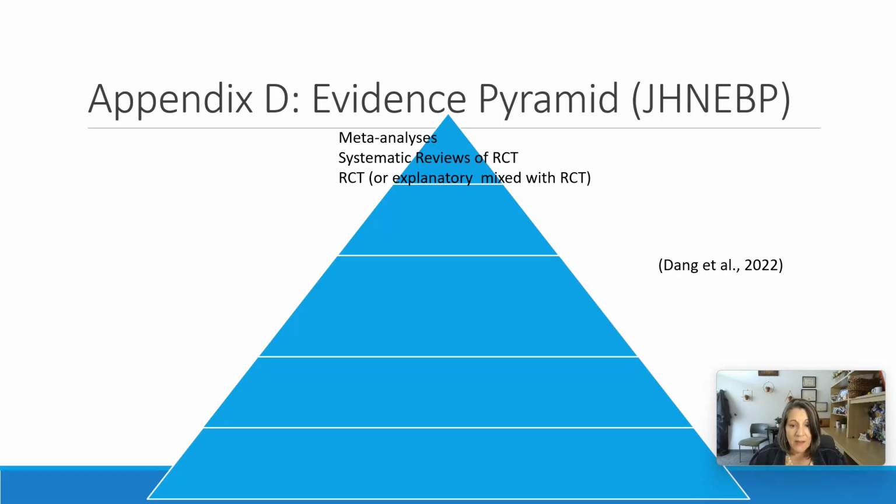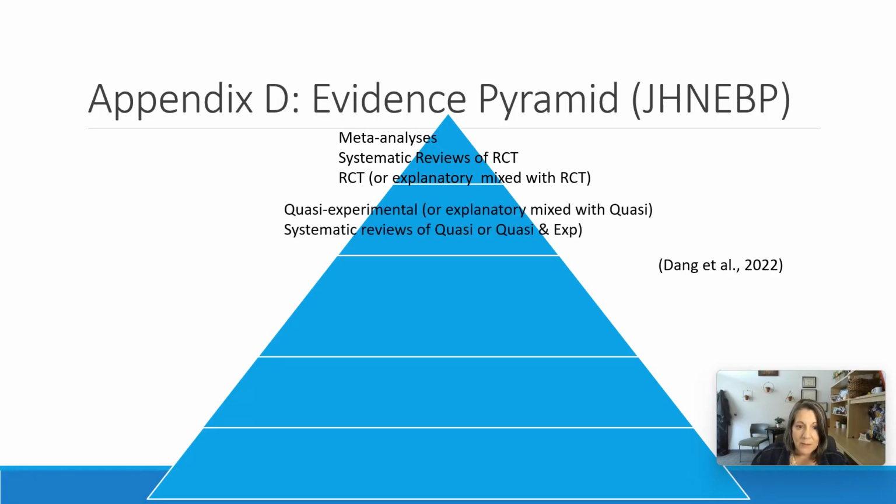Also on the top of the evidence pyramid are single study randomized controlled trials, or it could be a mixed methods explanatory study with the main emphasis of the mixed method study being the randomized controlled trial piece.